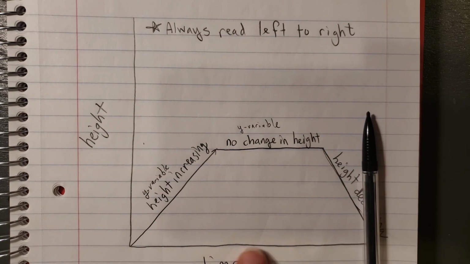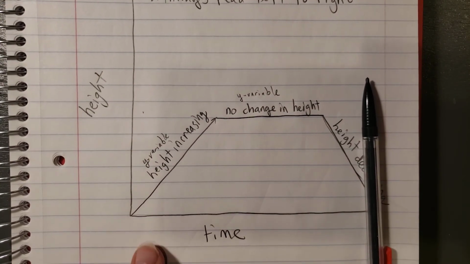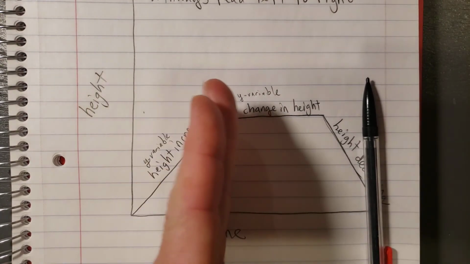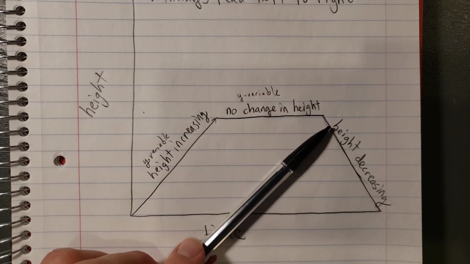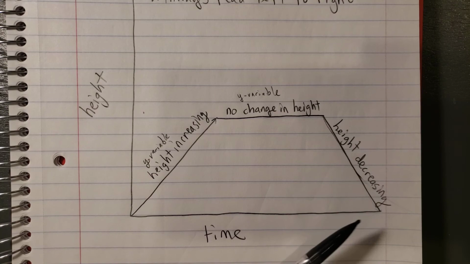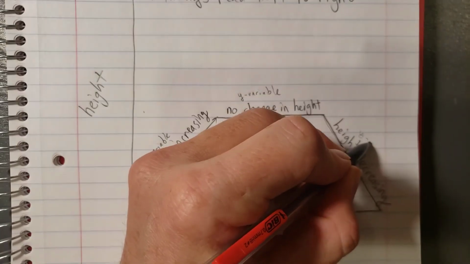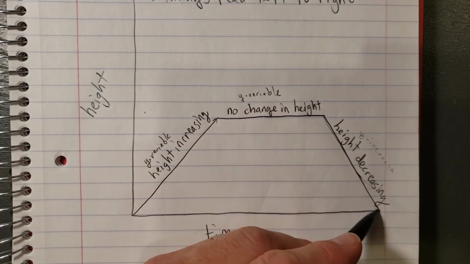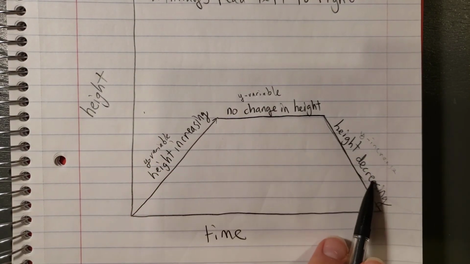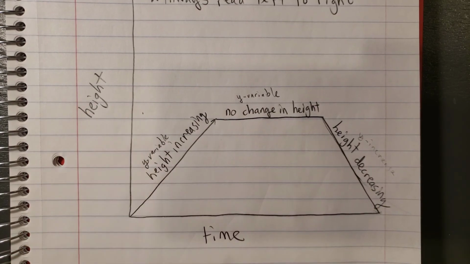We just keep reading on through the x-axis, and we notice that the height is decreasing as time still increases. So if you see a line that looks like this as you move left to right, that's always going to be a decrease in the y variable, whatever that is. So that's our key.